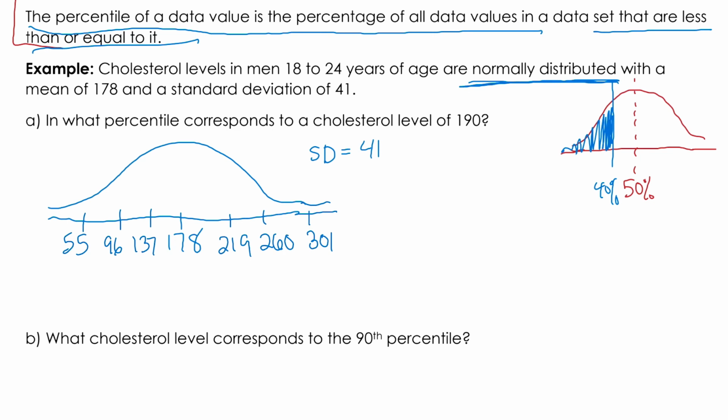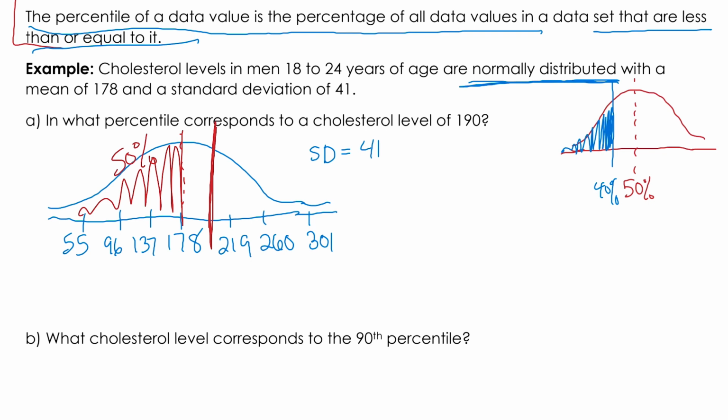Now, a cholesterol level of 190 is going to fall somewhere between here. Since I know 178 is the center, this is 50% here, so it's going to be more than 50%.